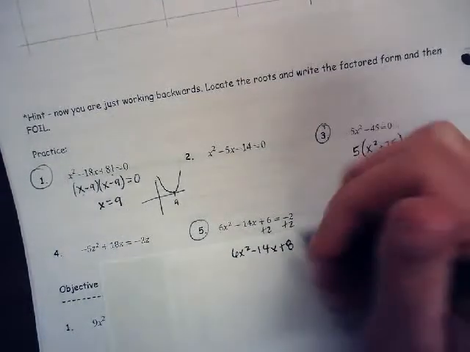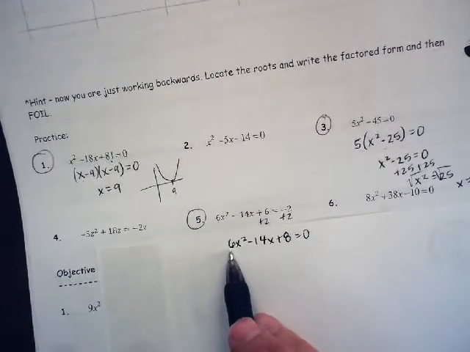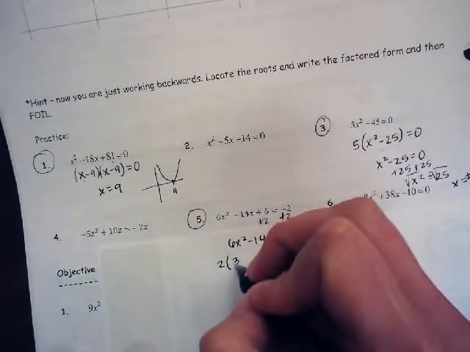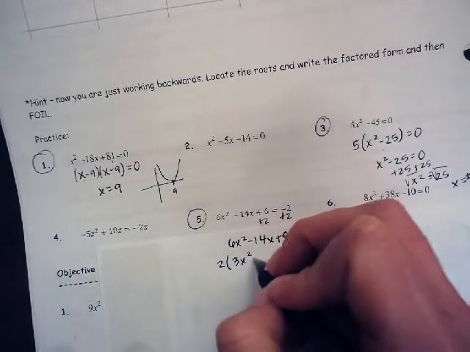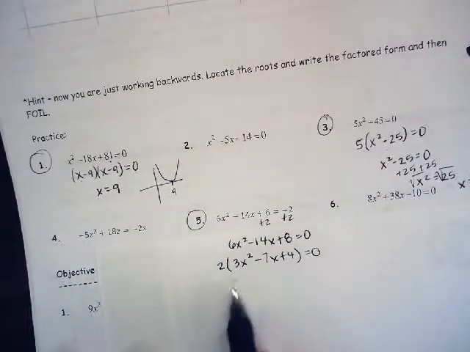This equals 0, but the first thing I'm going to do is factor out a 2 because I see that they all have a greatest common factor of 2. So if I pull a 2 out front, I'm left with 3x squared minus 7x plus 4 equals 0.